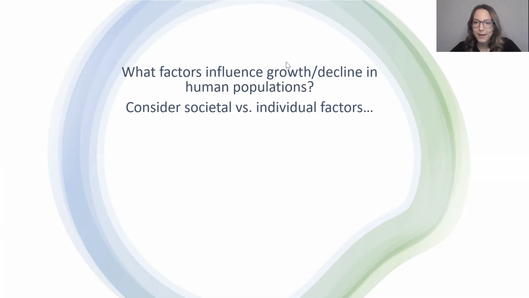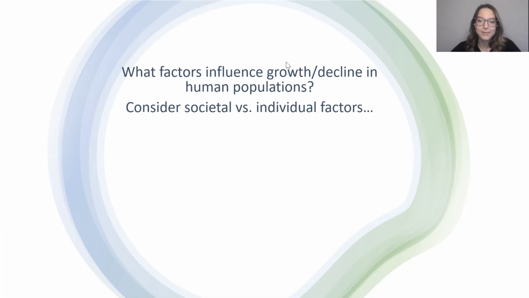We've got one, education. Okay, that's a factor. Birth rate and death rate, migration, free healthcare. Yeah, that could potentially influence populations if people are getting access to care. Drug use, yep.